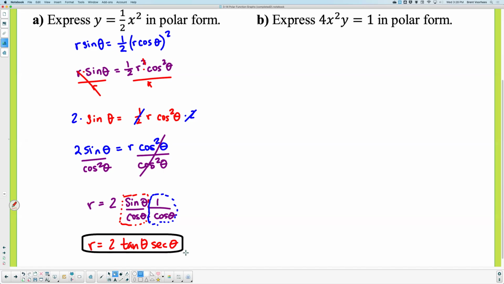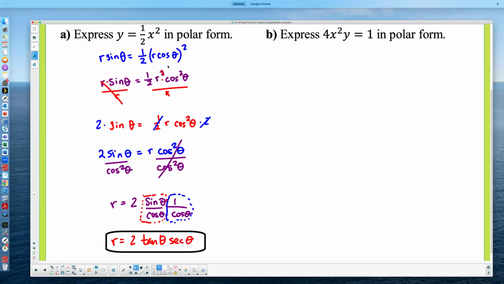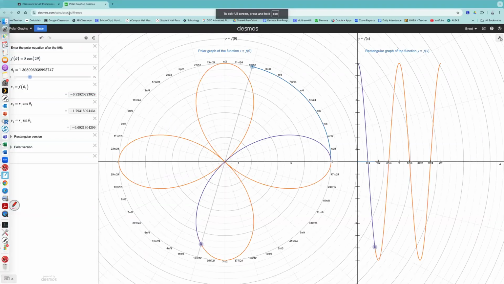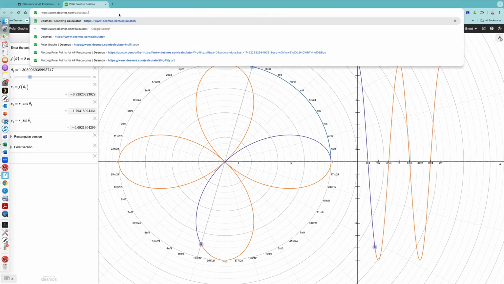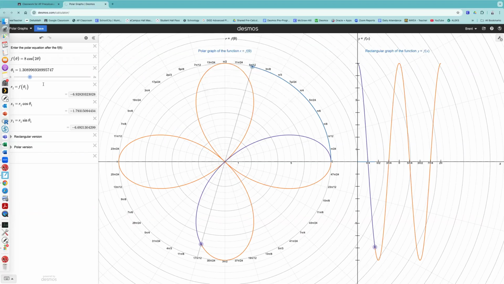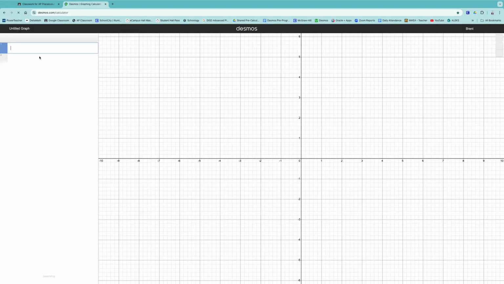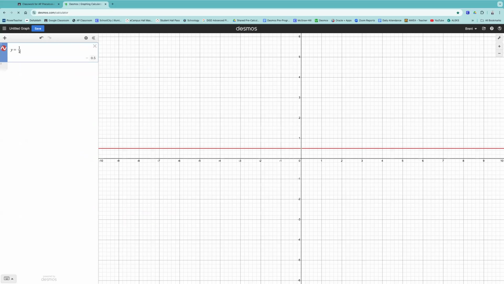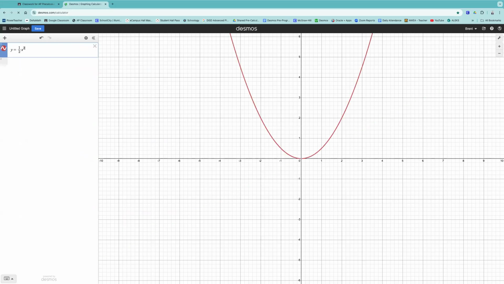And you can check these on the graph, but that's how you would go about this process. Let me just get a brand new graphing calculator and I'll show you. If I graphed y equals 1/2 x squared, and then I graphed r equals 2 tangent theta secant theta, and I think on Desmos you have to do a multiplication symbol.